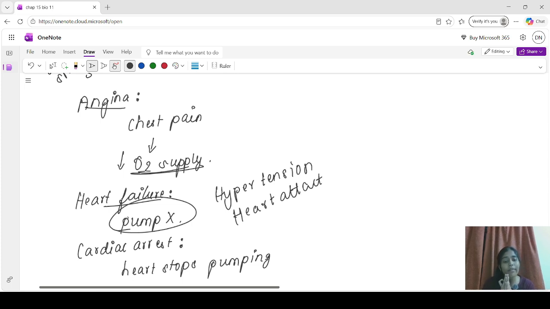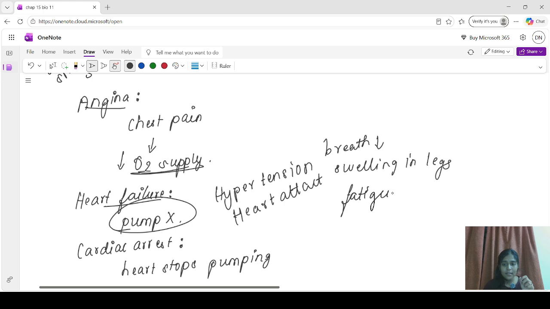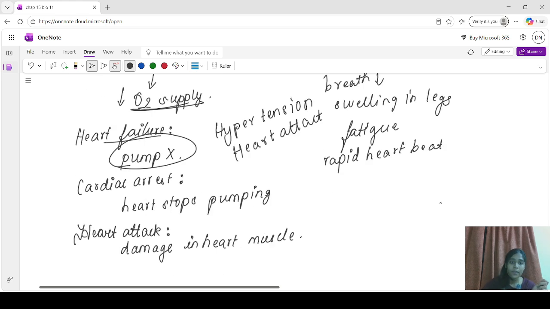So the symptoms of heart failure are shortness of breath, swelling in legs, fatigue, and rapid heartbeat. All of these are the symptoms of heart failure.